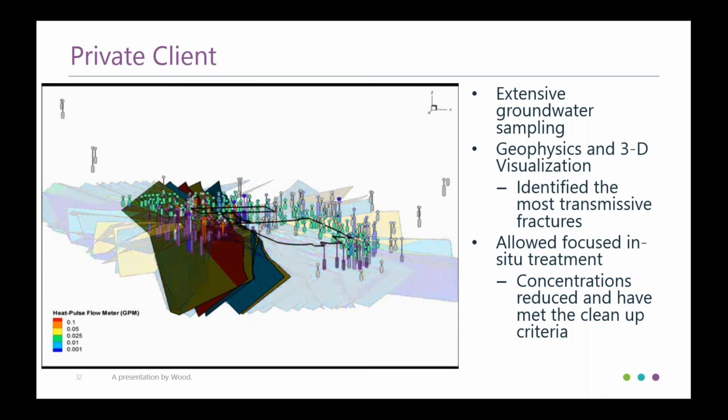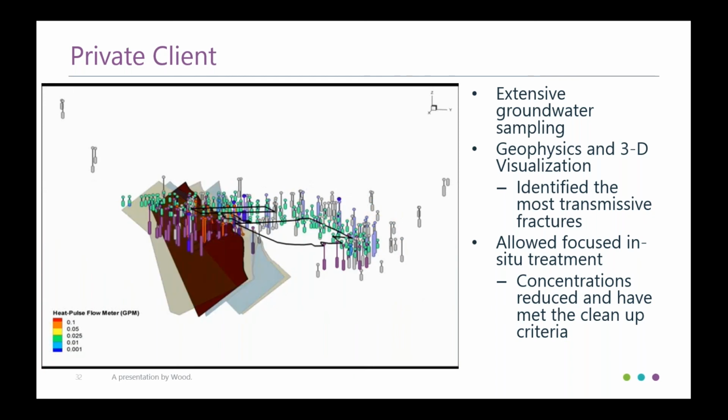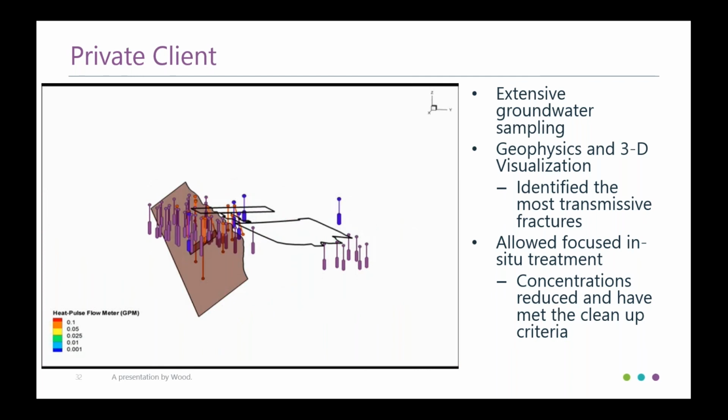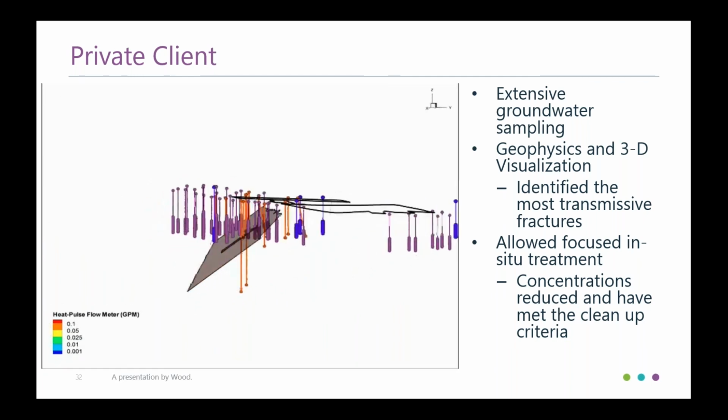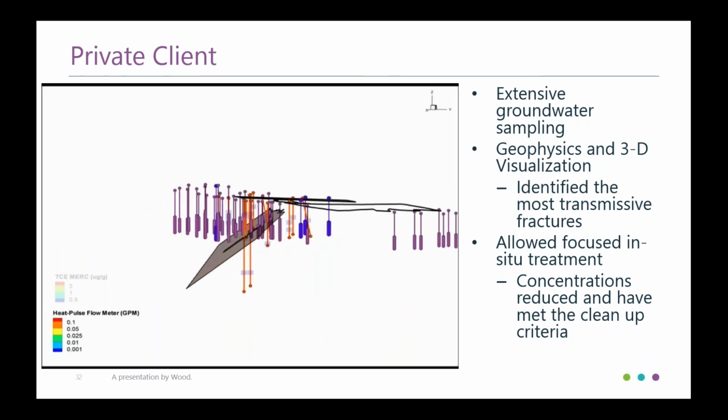So going from the full to the most transmissive zone, and you can see as it flips up here, the groundwater results will start showing up. That was rock chip sampling, and this is the groundwater. You can see right on that fracture, the red, it'll turn again.